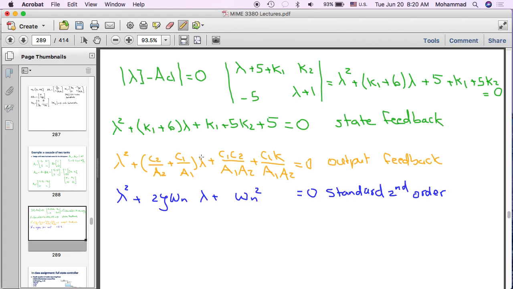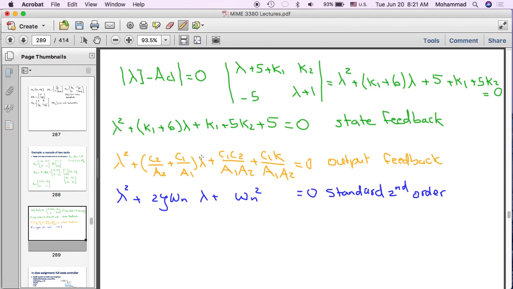The only design variable with output feedback is variable K. So we have a freedom, with limitations of course, to choose K in order to deliver the performance that we want. So what is the effect of K? As you change K, what are you affecting? How can you tell? You need to compare the characteristic equation of the output feedback with the characteristic equation of the standard second order system.